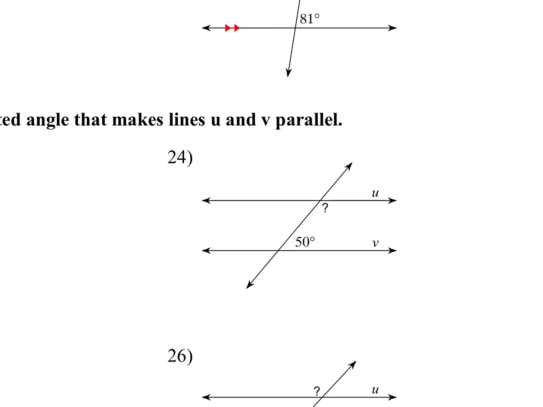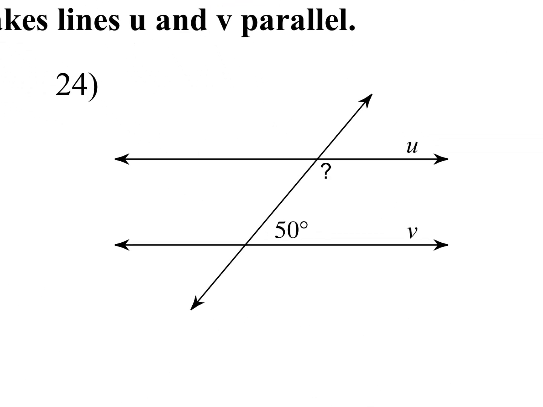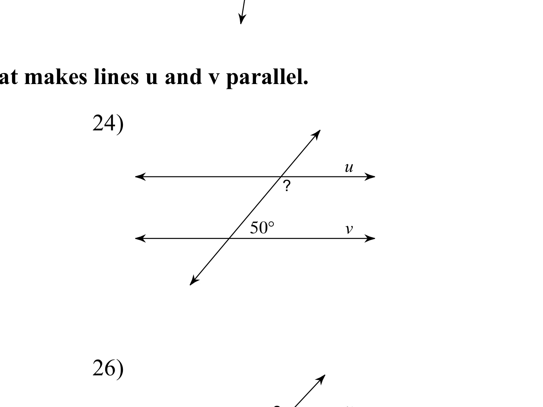What about for 24? Is it going to be 50? No, these are consecutive interior angles, so if I add the two together, it equals 180. I need to subtract 180 minus 50. What would I get? 130, and that would be my answer for this one.